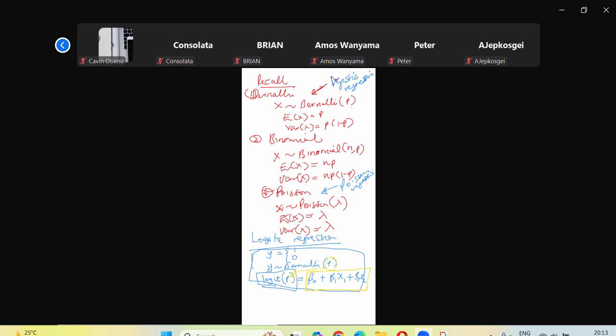Is that okay? Yes. For the multiple linear regression, what do we usually have on the left-hand side? Y. So here now for logistic, we don't have y, but we have logit of p, where p is the mean of y, the expected value of y. So you use logit of the expected value of y.